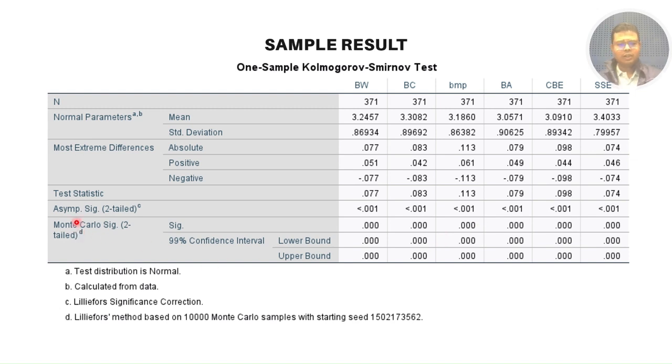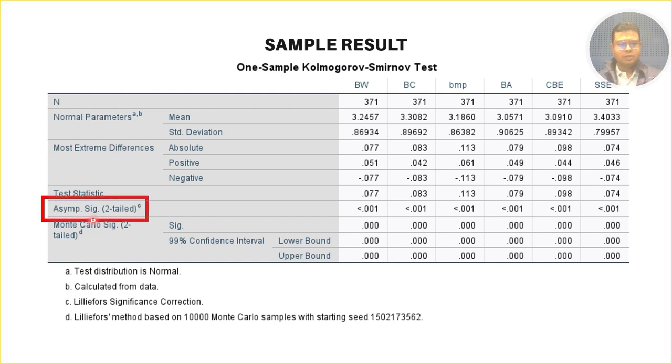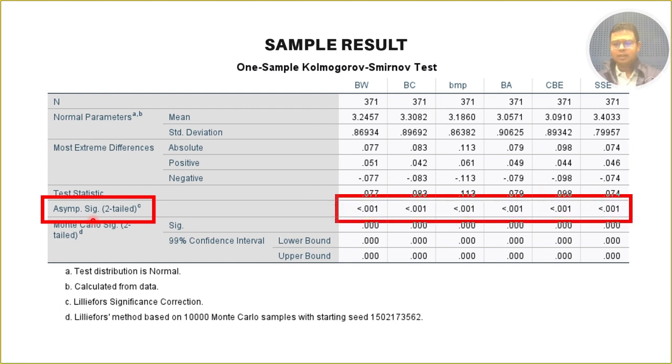In the result, we normally look at the asymptotic significance. Please see here, all the values are less than 0.05, which means the variables are not normally distributed.